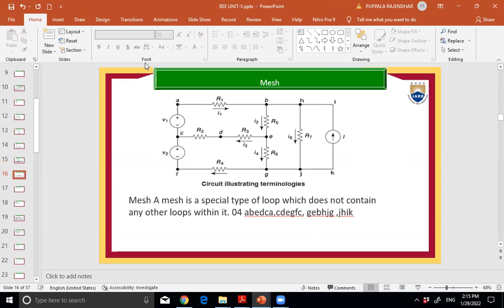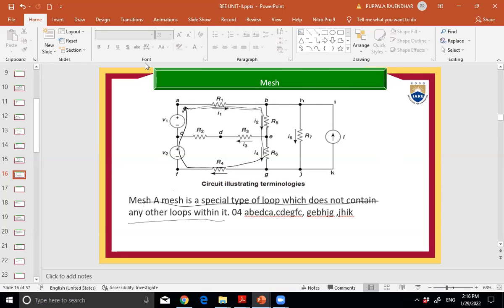What is a mesh? A mesh is a special type of loop which does not contain any other loops within it. It is also a loop, okay? But inside of this loop, there should not be another loop. So this is also one loop.